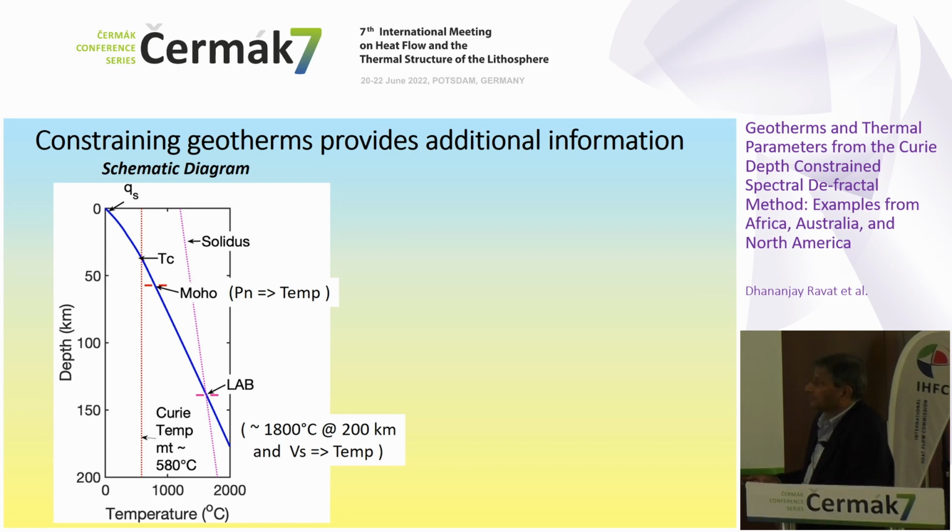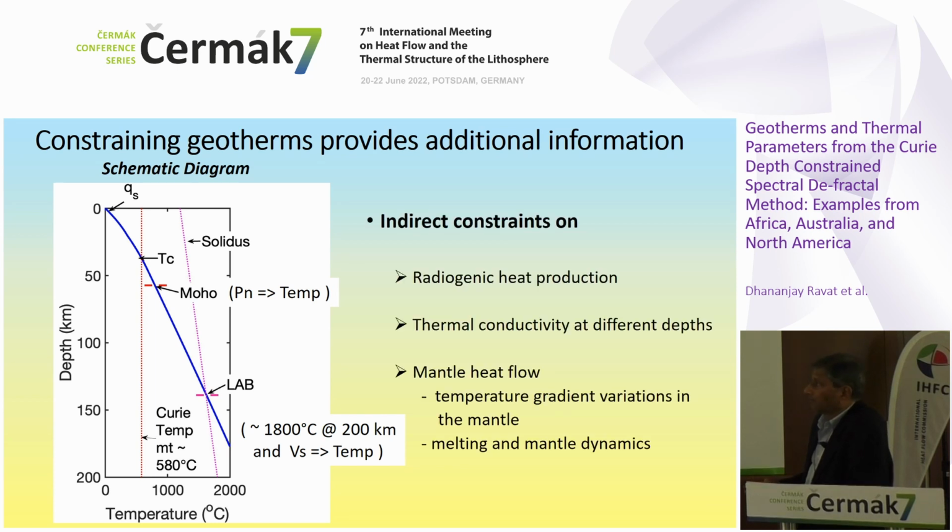There are constraints that one can obtain from S-wave velocities. There are constraints on temperatures one can have from seismic velocities at the Moho, and so on and so forth. And then there are, of course, lots of other petrologic, thermobarometric, and geothermometric constraints. But one of the things these constraints do for us is that they provide additional information.